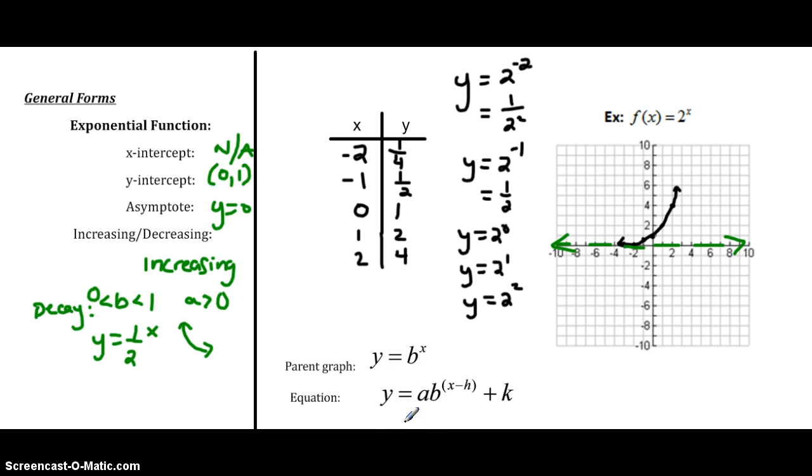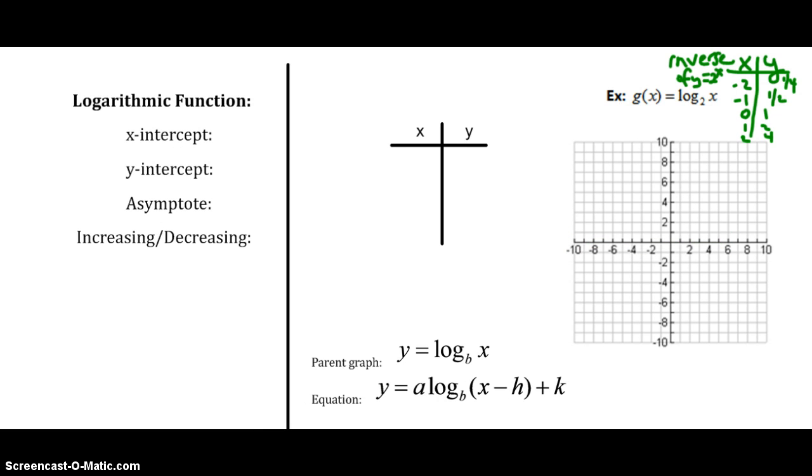Okay, so remember that the logarithmic function is the inverse of the exponential of the same base. So we can use that knowledge to graph now the logarithmic function. So y equals log base 2 of x is the inverse of y equals 2 to the x.